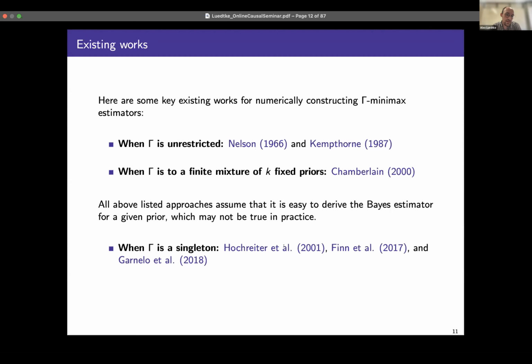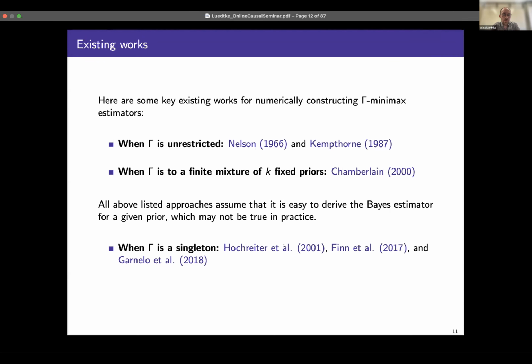And then in the special case where gamma is a finite mixture of k fixed priors, so I have k fixed priors in advance, and I just want to use a mixture of these priors, Chamberlain in 2000 from the econometrics literature proposed a numerical scheme. And there have been a handful of papers building on each of these works in each of these settings.